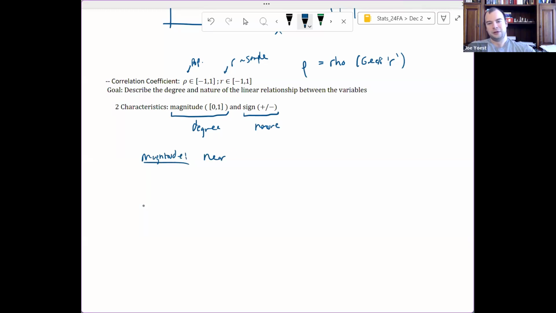Magnitude near 1, in other words, rho near -1 or rho near +1. In both directions, I would have a magnitude that's near +1. So when my magnitude is near 1, that's a high degree of linear relationship.